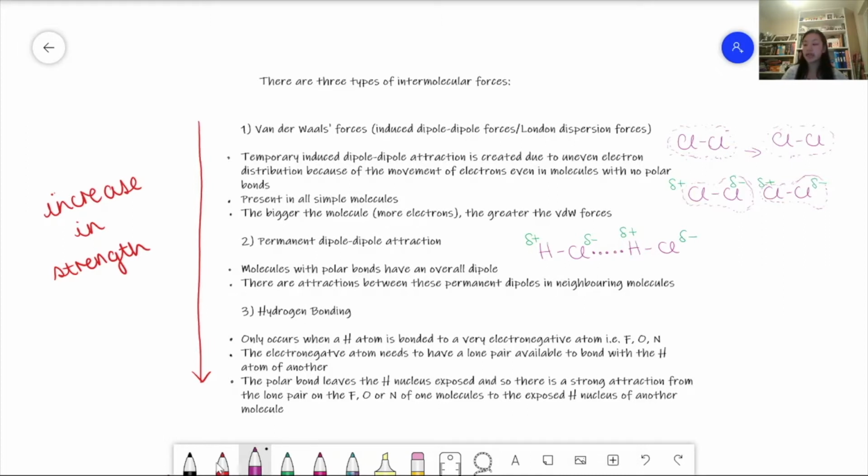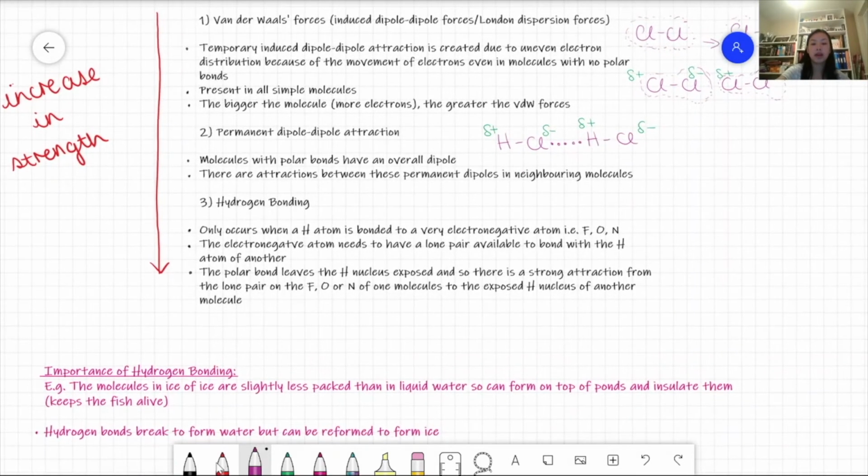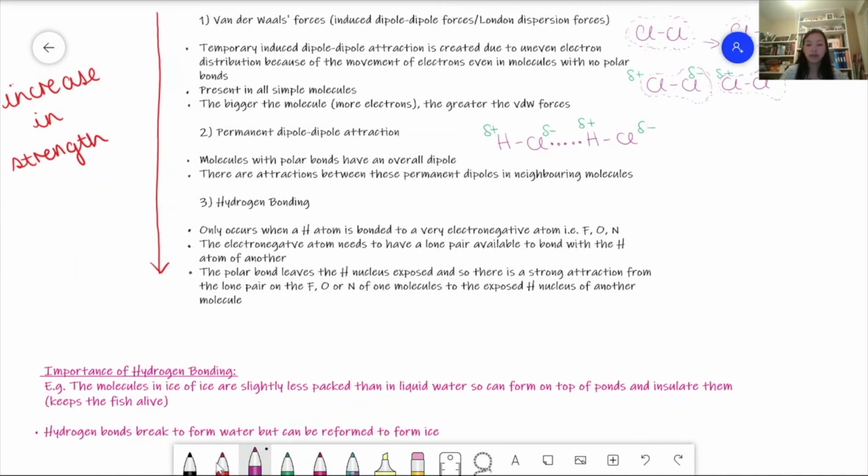And if we have a look at water, for example, water looks like this. And there's two lone pairs. The oxygen will be the partially negative, and these two will be partially positives.